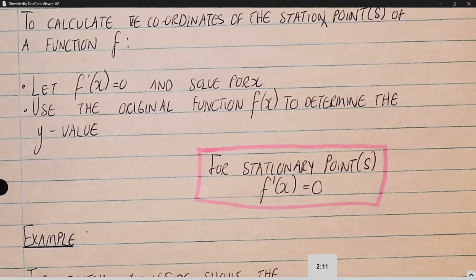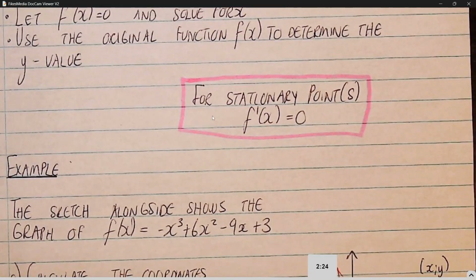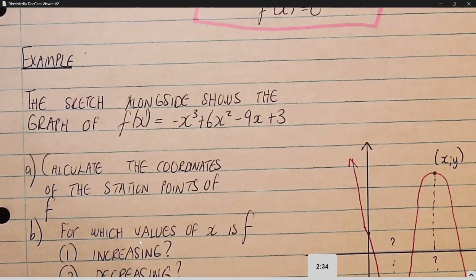So with this one, you just have to substitute the values that you have determined, and find the values of y, right? Now remember, for stationary points, the derivative of f of x with respect to x is equal to 0. Now let's look at this example.